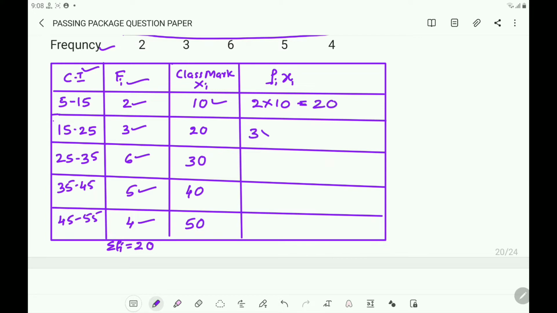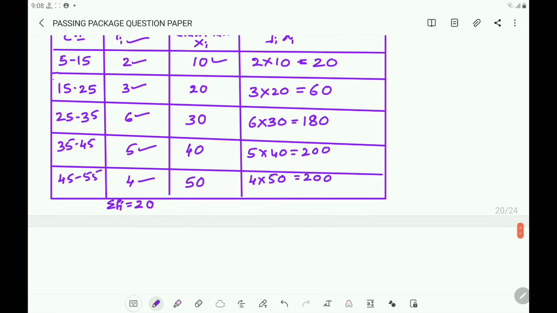Then 3 into 20: 3 twos are 6, so 3 into 20 is 60. 6 into 30: 6 threes are 18, it is 180. And 5 into 40: 5 fours are 20, so 5 into 40 equals 200. Then 4 into 50 is also 200.